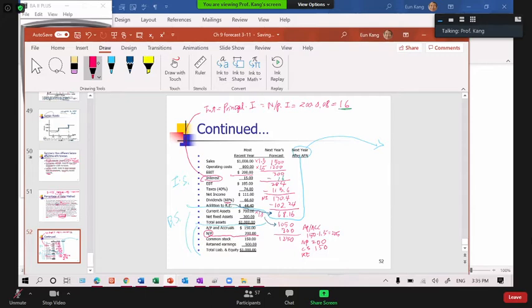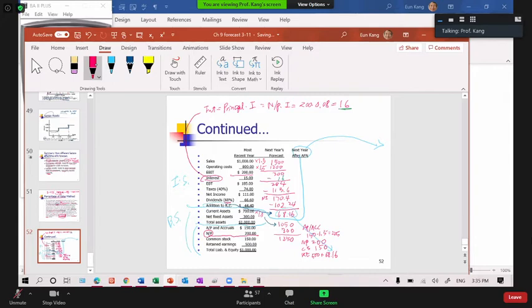So what? 68.16. Check. Great answer. You already calculated that here. 68.16. Addition to retained earnings, right? So 500 plus 68.16. Many people miss this one, so I have to make sure, right?